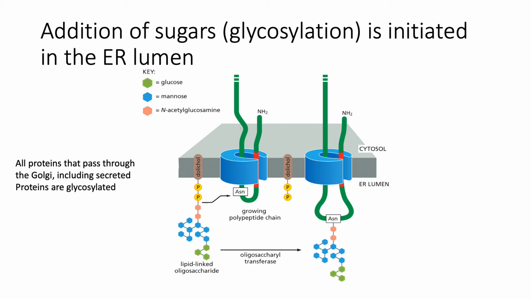And so you can see on the right-hand side, there's a sugar there. Every asparagine, well, I don't know about every, but many of the asparagines get glycosylated. And you can see the sugars are complex. Glucose is a sugar on its own. Mannose is a sugar. And acetylglucosamine is a sugar. So you can see these are highly linked and complicated structures that get added. And then what happens when it moves into the Golgi, it gets modified.